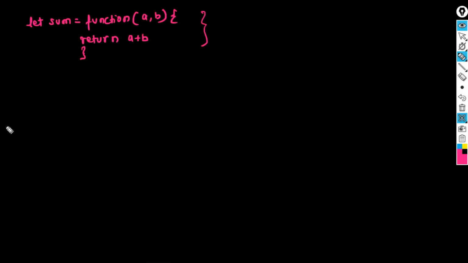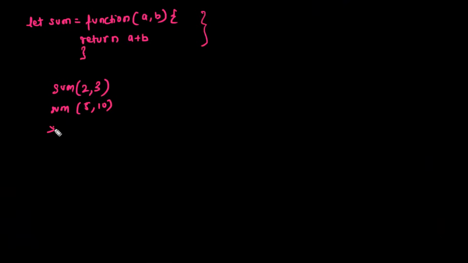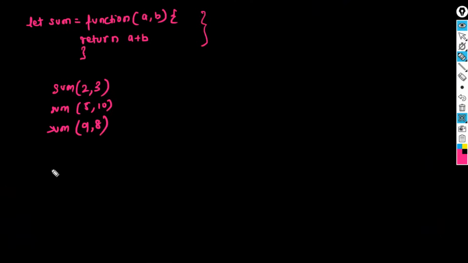Instead of doing the operation again and again, you write a function and send it the values, so it will do that calculation within this function only. So I will write sum 2 comma 3. Don't worry about the syntax. Sum 5 comma 10. Sum 9 comma 8. Now you tell me how many times the function is running. One time, two times, three times.